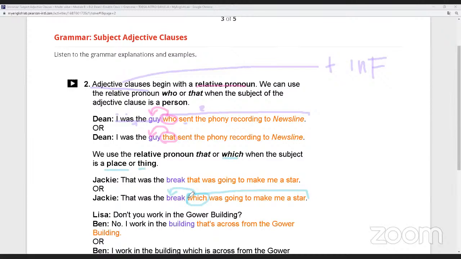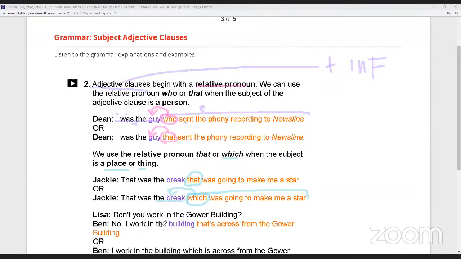That was the break, which was going to make me a star. We're talking about association, right? That was the break. So again, you have two options. That is more informal, you can use the relative pronoun that, or which. Again, that is less formal than which, which is a formal way to express your sentence.